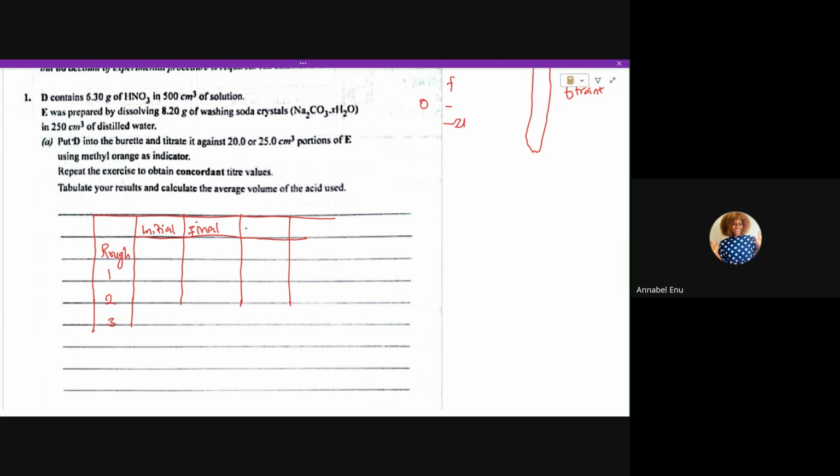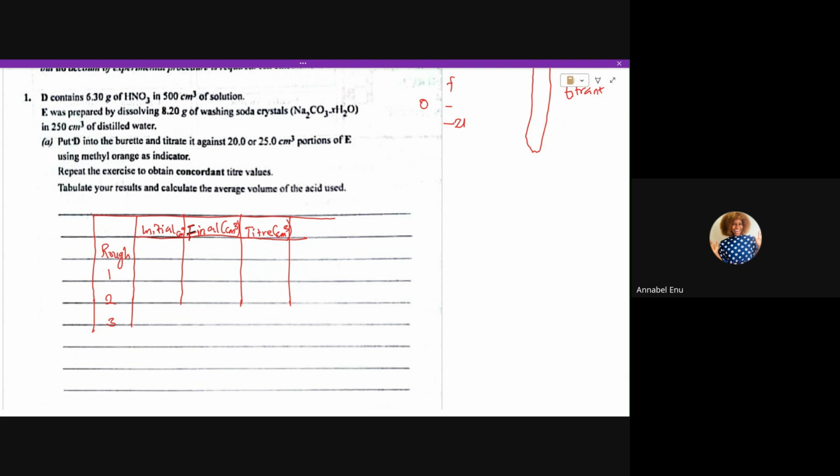Final, and then we have our titer. Also, you should write your units so that you'll be giving an accurate report. Okay, this is in centimeters cube, and our titer in centimeters cube.